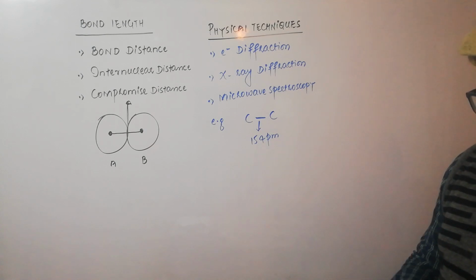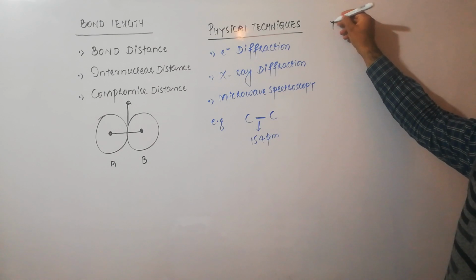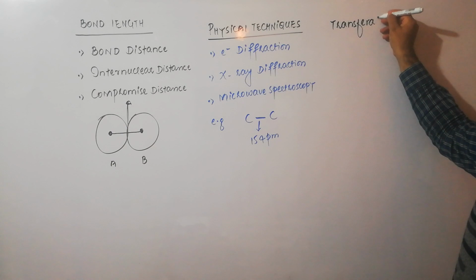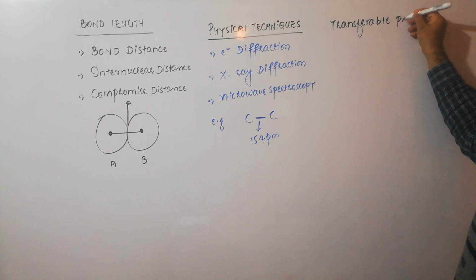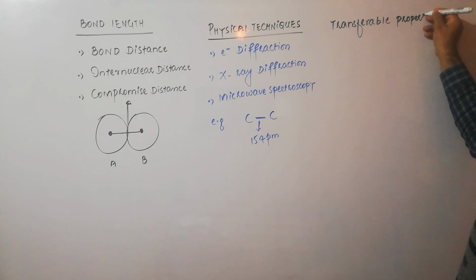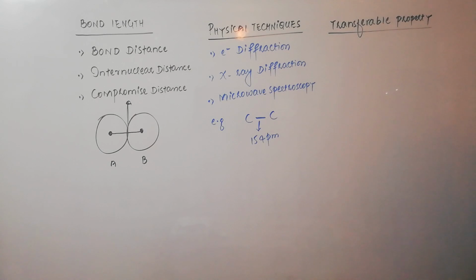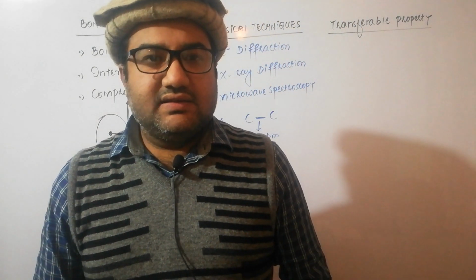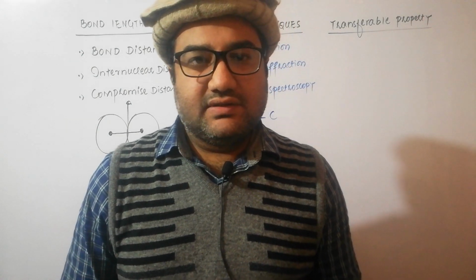Now next is a very important point, that bond length is a transferable property. What is meant by a transferable property? A transferable property is a property which remains the same under different circumstances in different molecules.